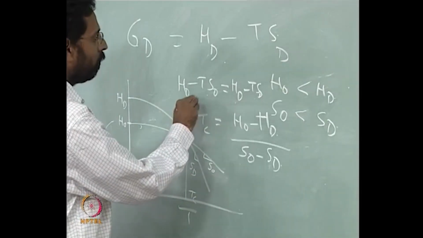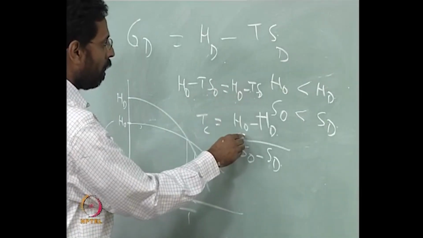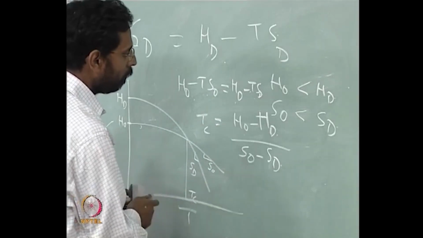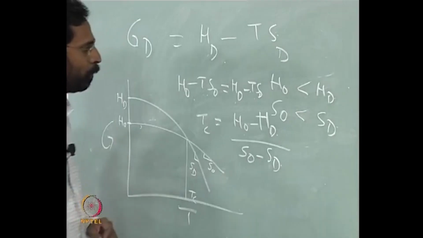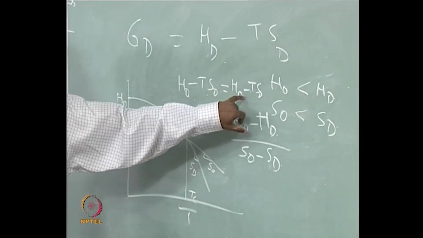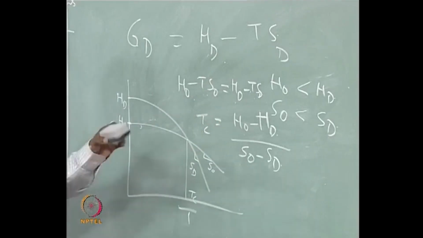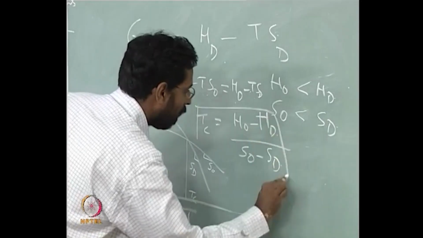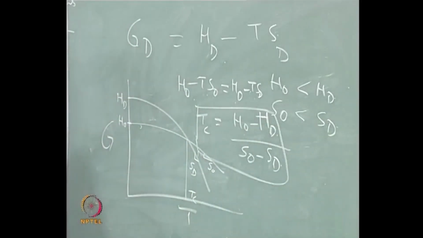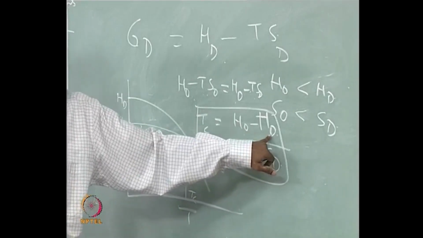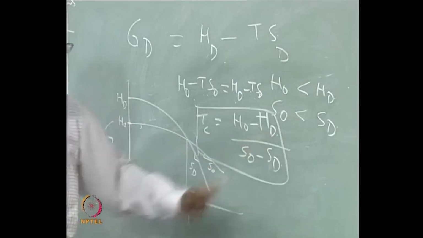This you bring it this side, this you take it that side, Sd minus S naught, will it be? Why? This is negative, this becomes positive. So, T into S naught, this is right, this is right. So, you can see that this is what it is, and as a result this difference which is nothing but related to the omega.